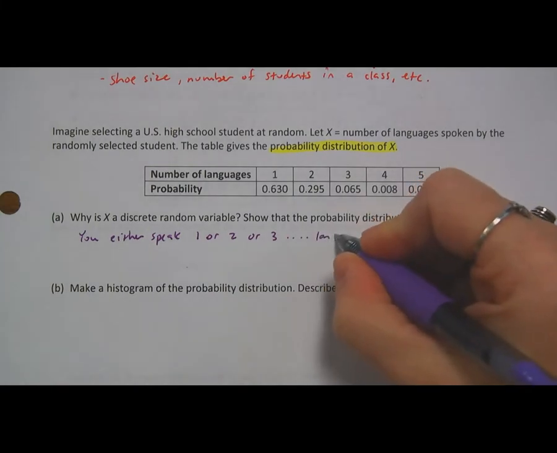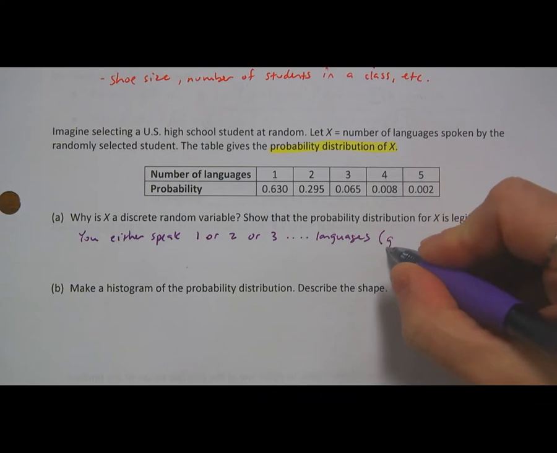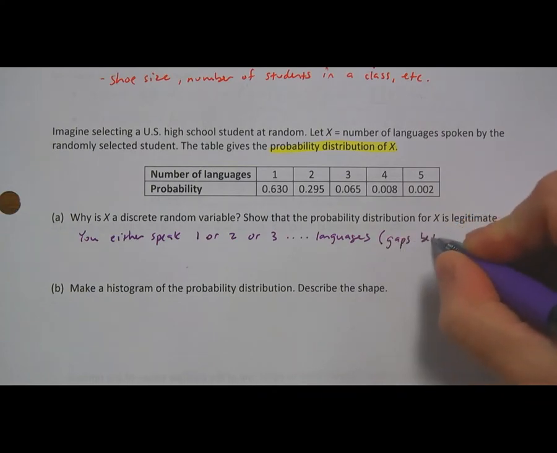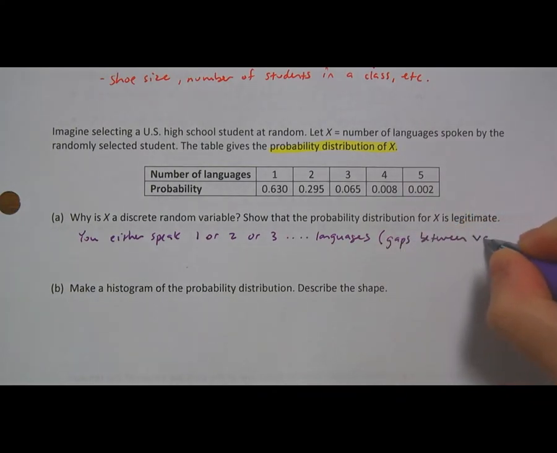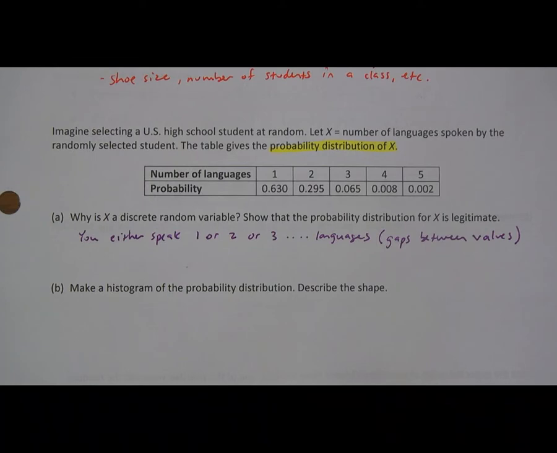There are gaps between values. That's why it's discrete. We kind of touched on this before. This should feel kind of familiar.